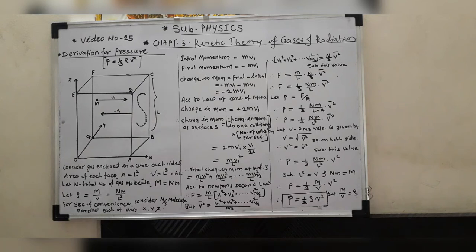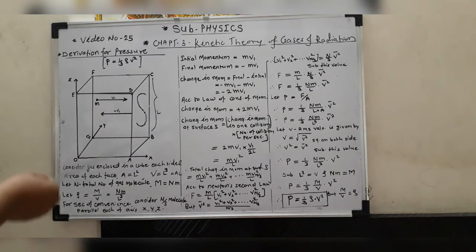First you have to draw the diagram of the cube, then you have to note here L, surface S, velocity V1 and velocity minus V1. Then gas is enclosed in that cube, A is L square, V is L cube, rho is the mass per unit volume, Nm upon L cube.